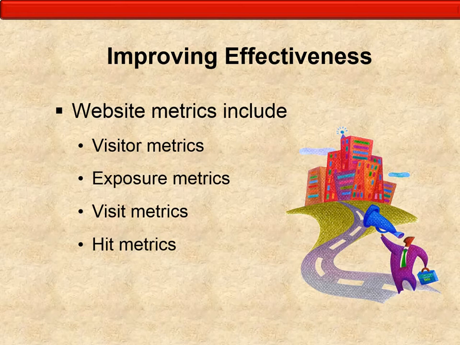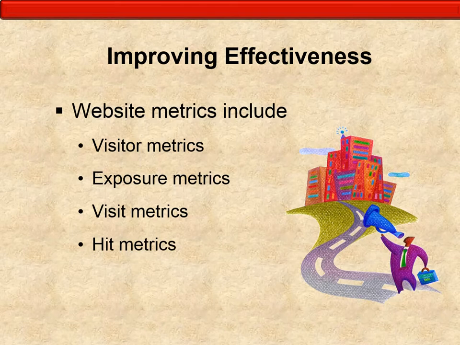Some of the metrics, since we talked about KPIs, some more of the metrics that can be measured, and it's certainly not an inclusive list. There's a lot more that you can collect and analyze in this. Visitor metrics: how many people come, what countries they come from, regions, all of that type of stuff about your visitors. Exposure is just that.